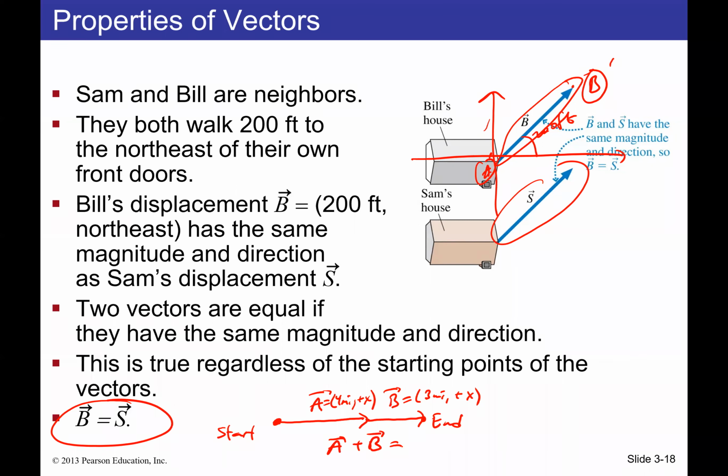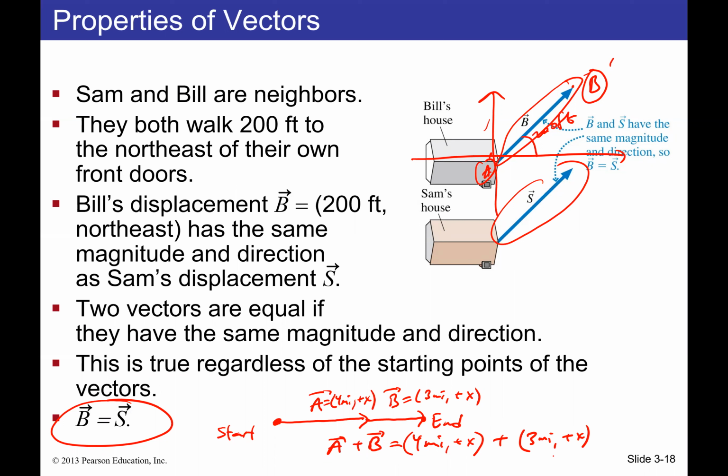So in this case, vector A is 4 miles in the plus x direction, plus vector B, which is 3 miles in the plus x direction.